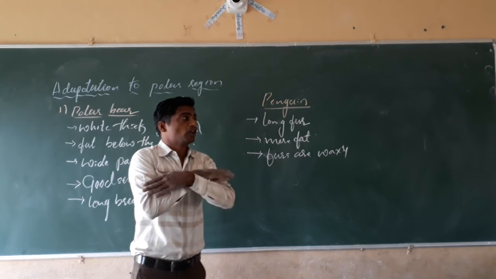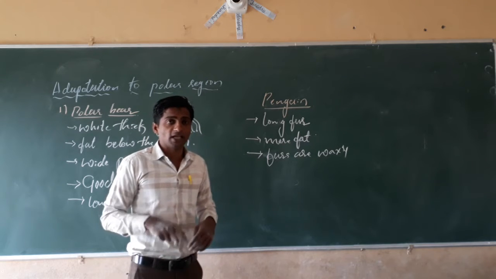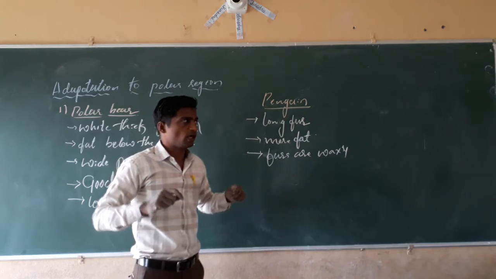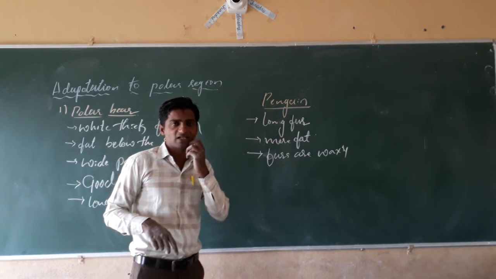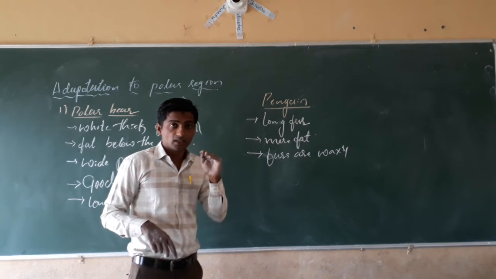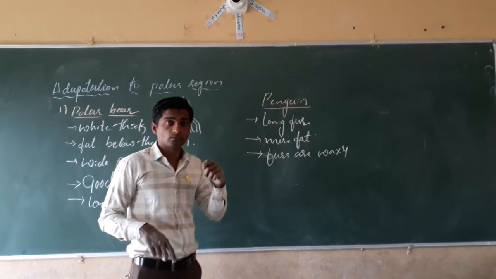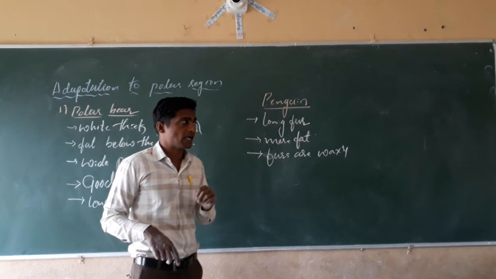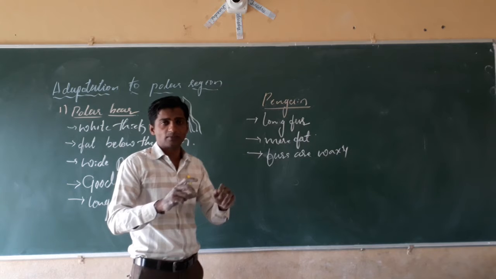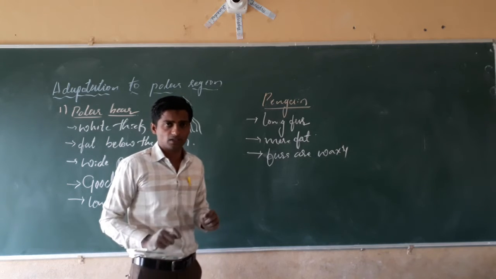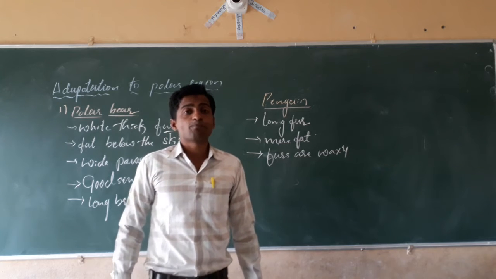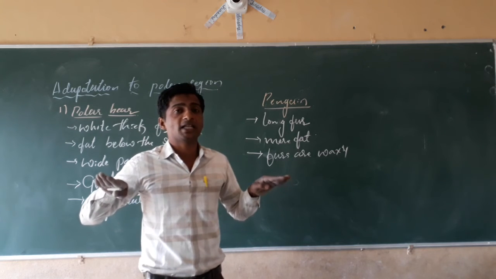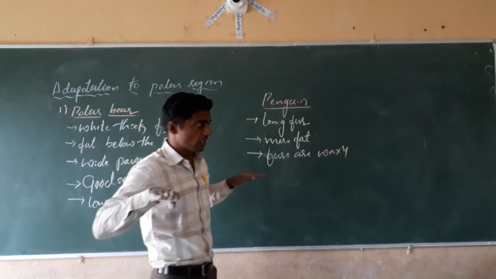It means they will not get wet. It means the furs are waterproof. Even if they enter into the water, the fur will not catch the water. Then next, when it is on the snow or the ice, even that time also the fur will not catch the water. Yes. The next, they have forelimbs in the form of paddles.